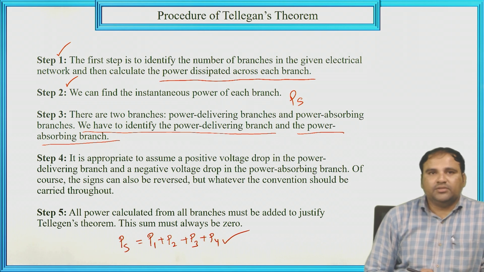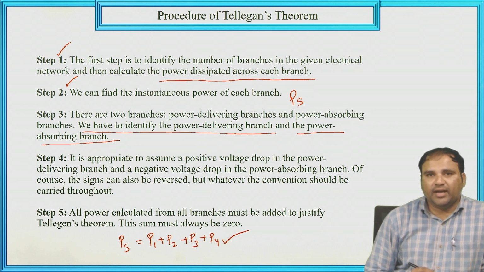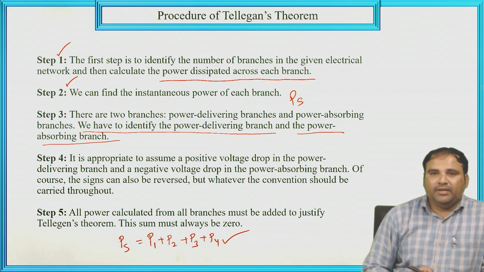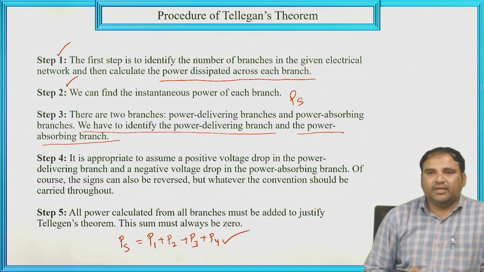Here is the procedure of Tellegen's theorem. The main concept is that the incoming power is equal to the outgoing power, input power equals output power, and that we have to find out.